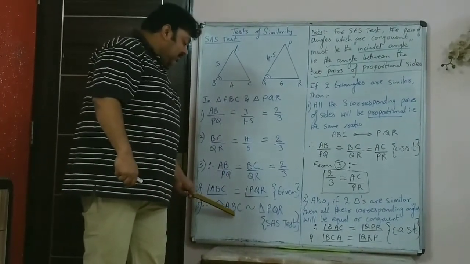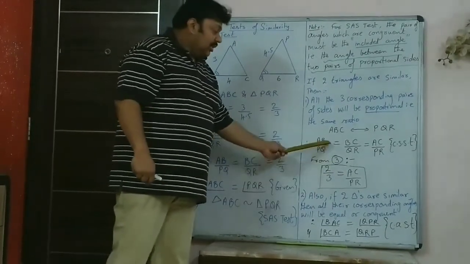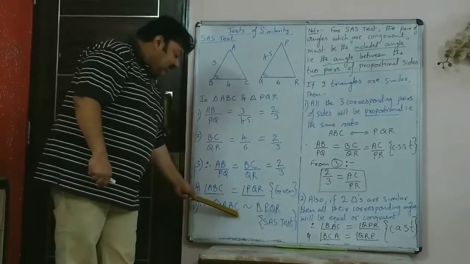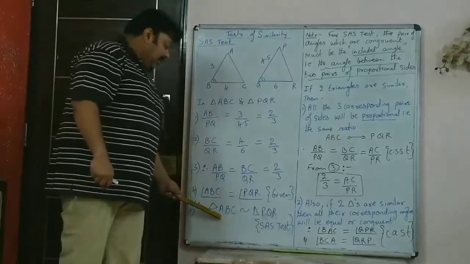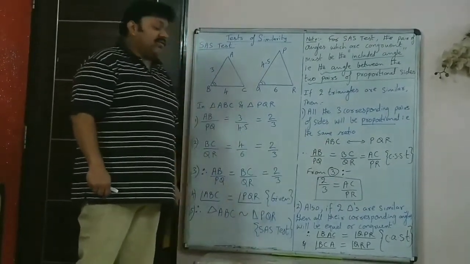AB is the first and second alphabet, so upon PQ. So AB upon PQ is the same as BC, 2 and 3, upon QR, 2 and 3, and AC, 1, 3, upon PR, that is 1, 3.